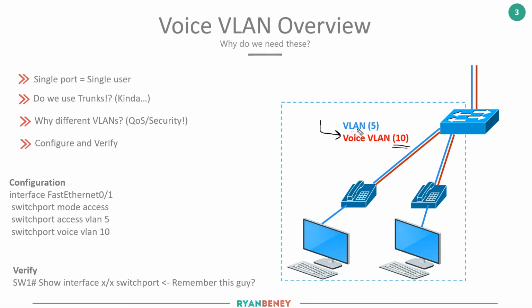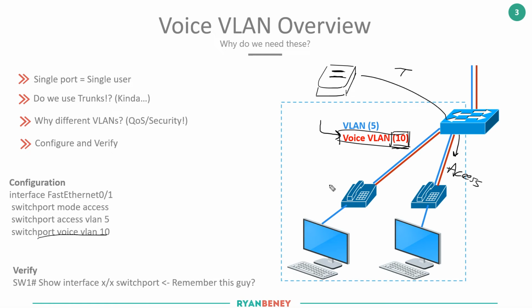It also means that if you're using VLAN 10 for your voice, then any other switch in the network that needs access to VLAN 10, you do need to trunk it just like you do with the data. And if VLAN 10 is used for your voice, you cannot use it for your data. So it just works the same as any other VLAN, except you have this new command that you put downstream towards the access.